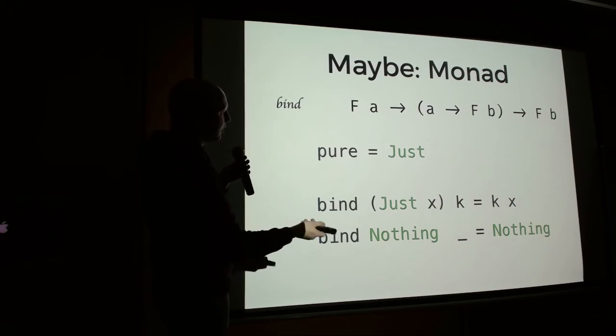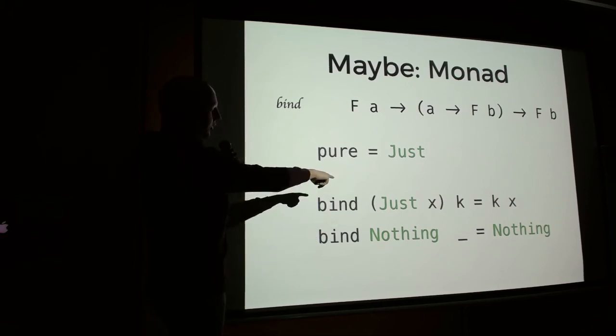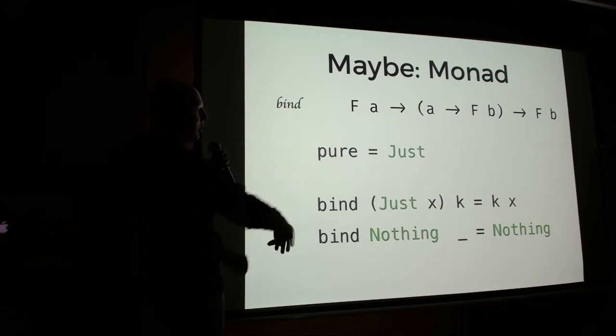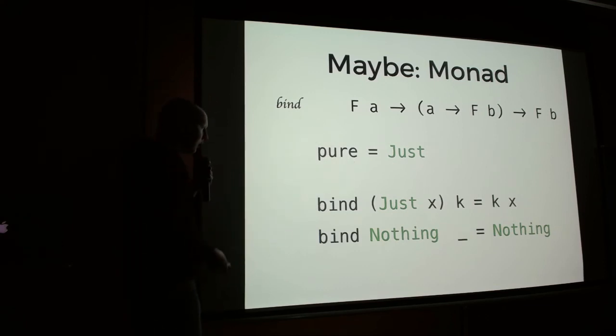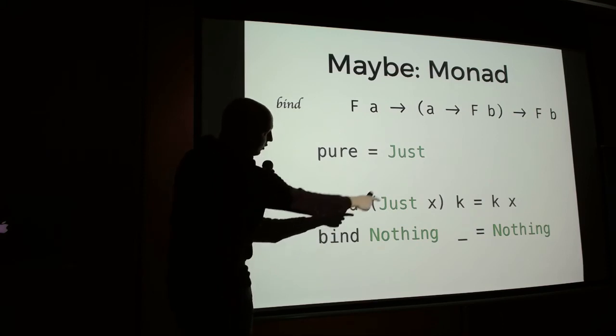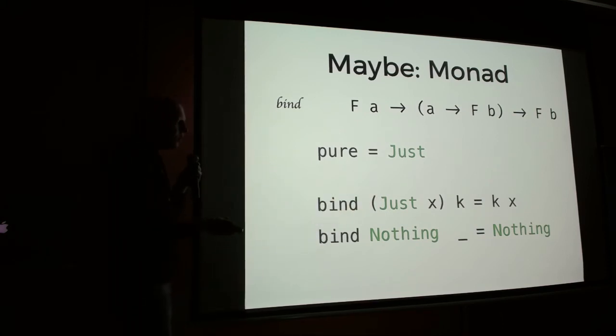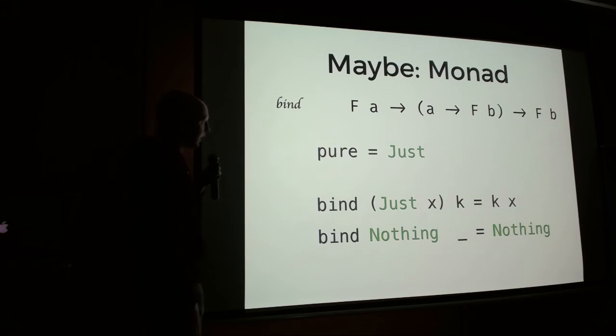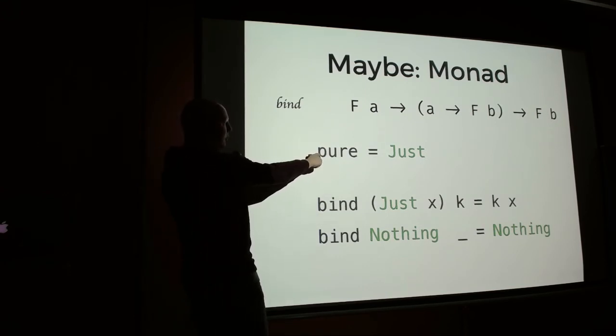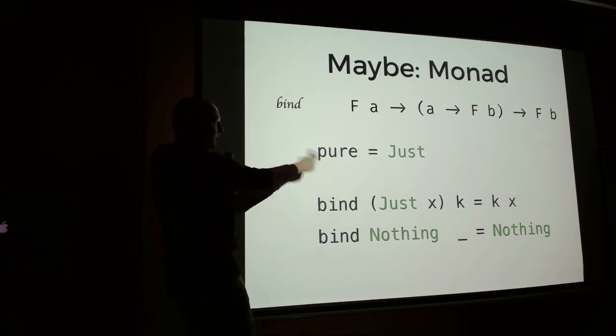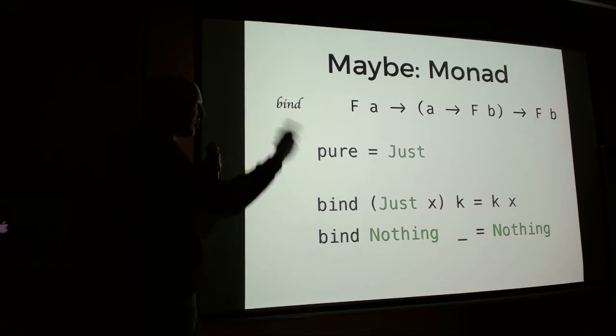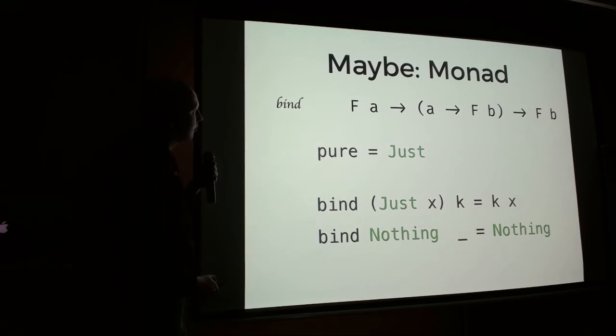So we just apply this function to the contents of maybe, which is x. So k applied to x will give us another maybe value. And the nothing case is still just nothing. We can't do anything with nothing. And pure, we just go from a simple value to maybe, by just wrapping it into just. So that's pretty much it.